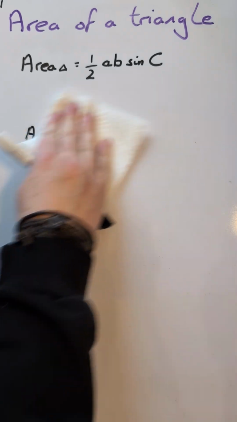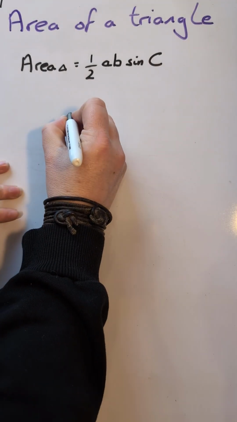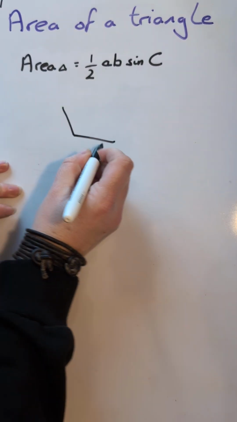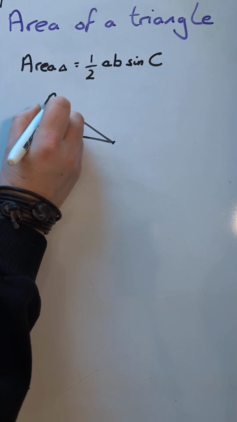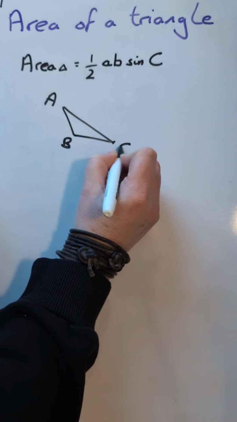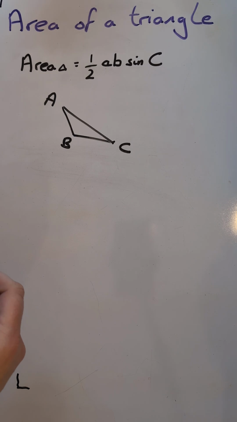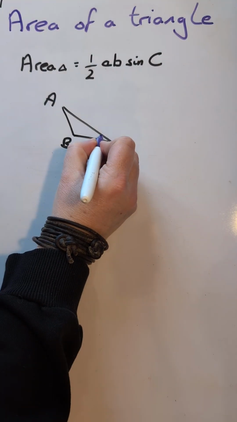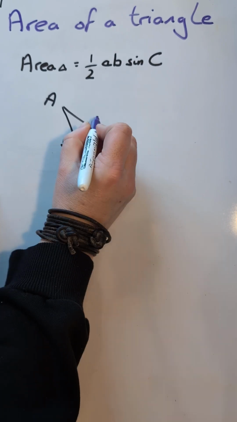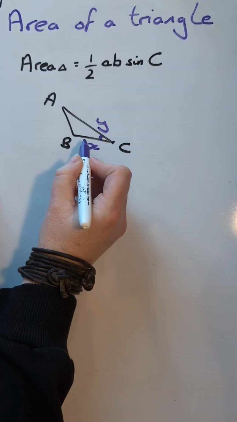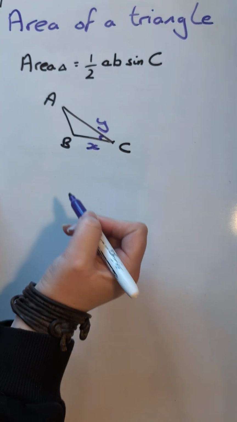So for example, if I quickly draw a triangle and call it A, B, and C. Then this angle C, if we are given that angle and we are given these two sides, you can see that they are included angle.